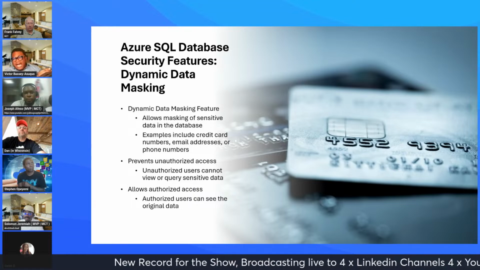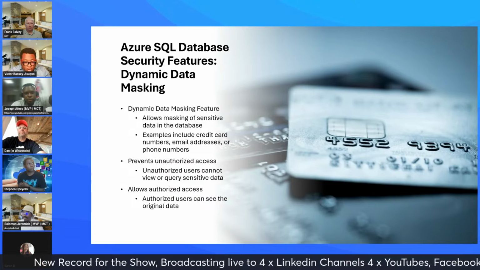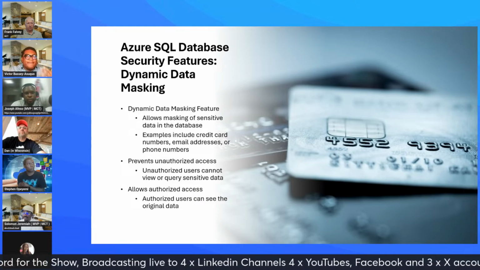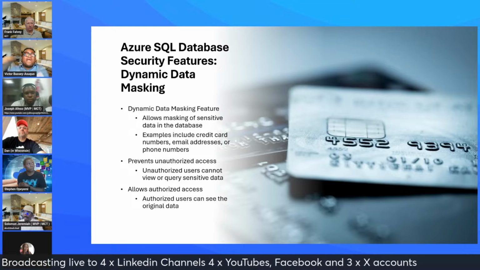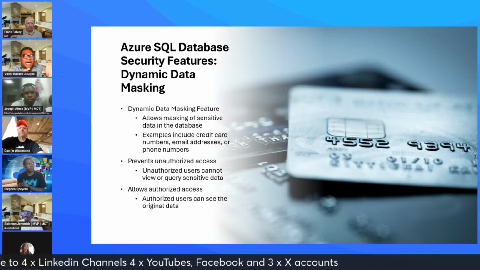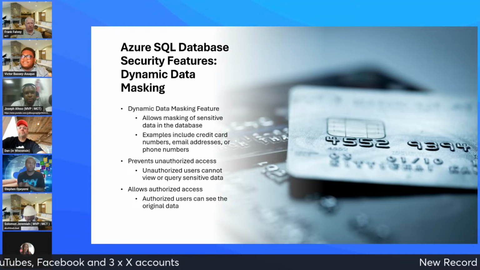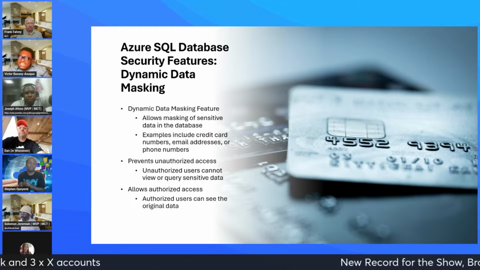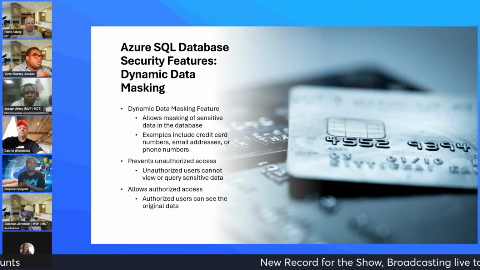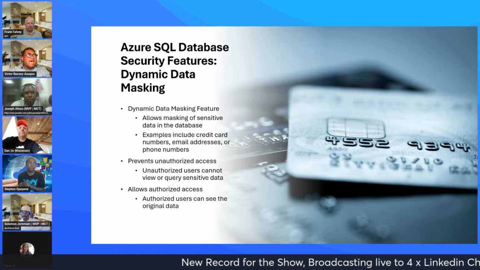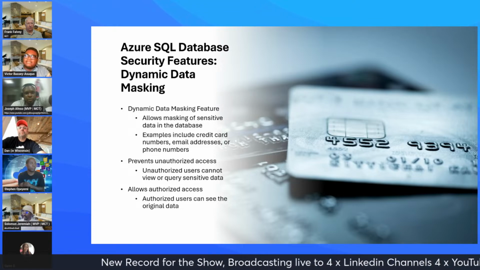And then we've got something that's a bit more something we can relate with better, which is the dynamic data masking. Now, dynamic data masking is a feature of Azure SQL, and indeed all of the SQL products from SQL Server to Synapse Analytics and all of that.